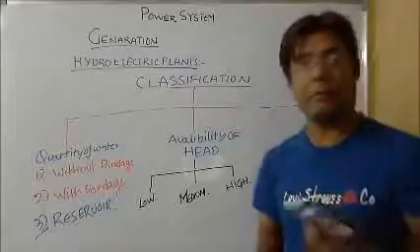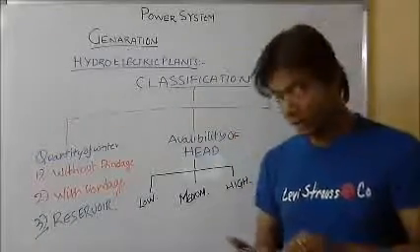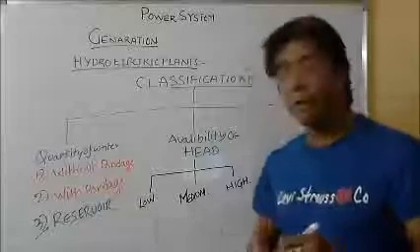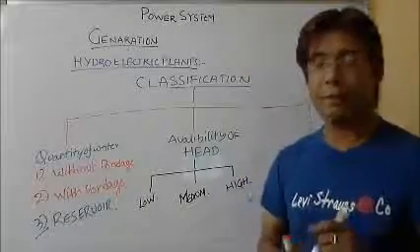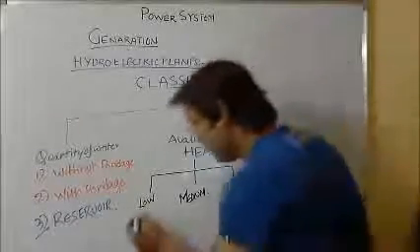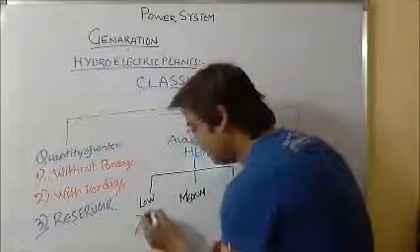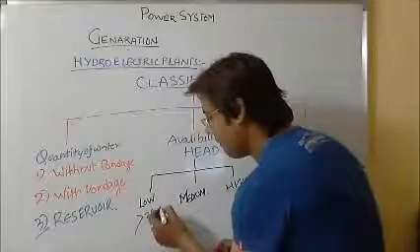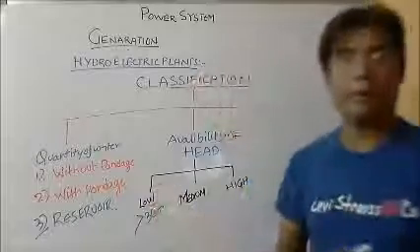What is the difference between low, medium and high head plants? When the head of the plant is less than 30 meters, it is called a low head plant.